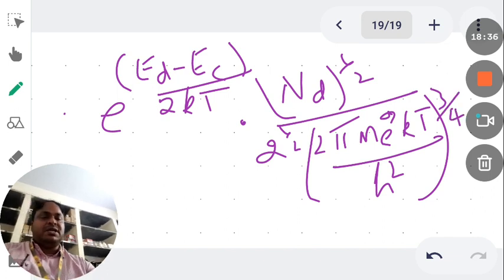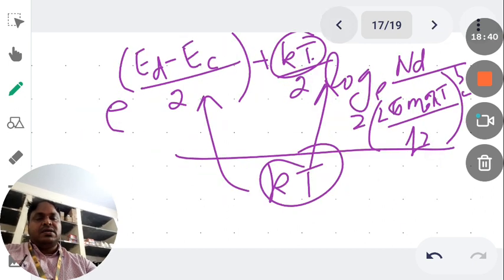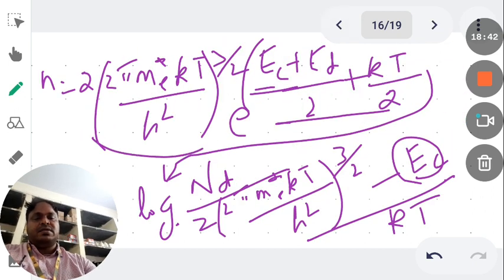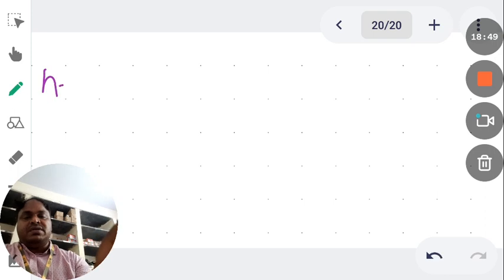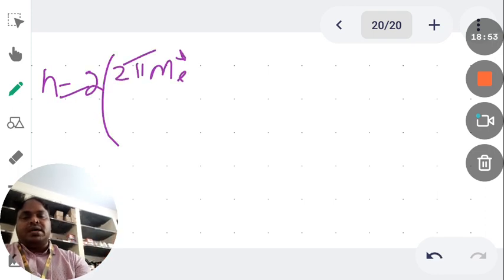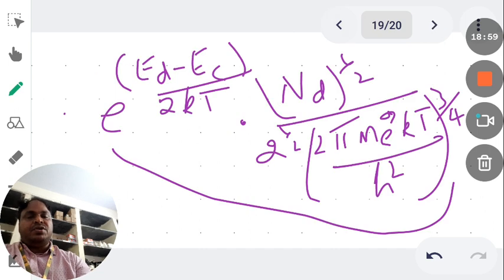Okay, now let's substitute this one along with this one. So let's look at this equation. So n is equal to 2 into 2 pi me star KT by h square power 3 by 2. Then what did you have?